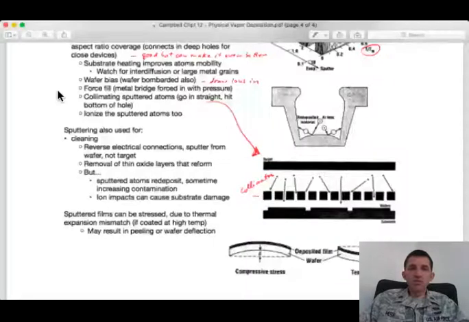So you can increase the plasma density, and via that the deposition rate, by using what's called magnetron sputtering, where you are increasing the density via these magnetic fields.